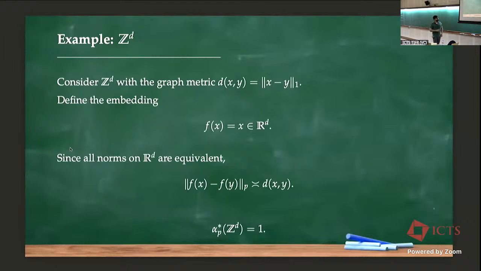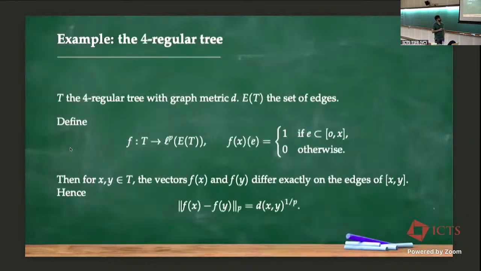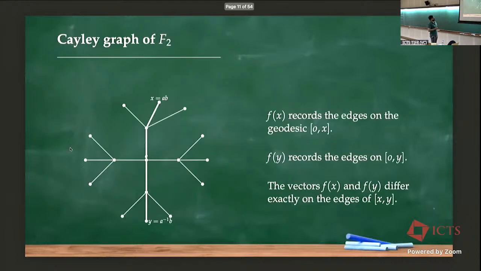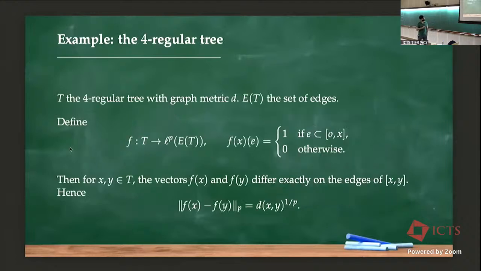Okay, so another example is the four regular tree. Maybe one can just look at this picture. I wanted to put it in the same slide, but it didn't fit. So what can we do? It's the four regular tree, the Cayley graph of F2, the free group with two generators.